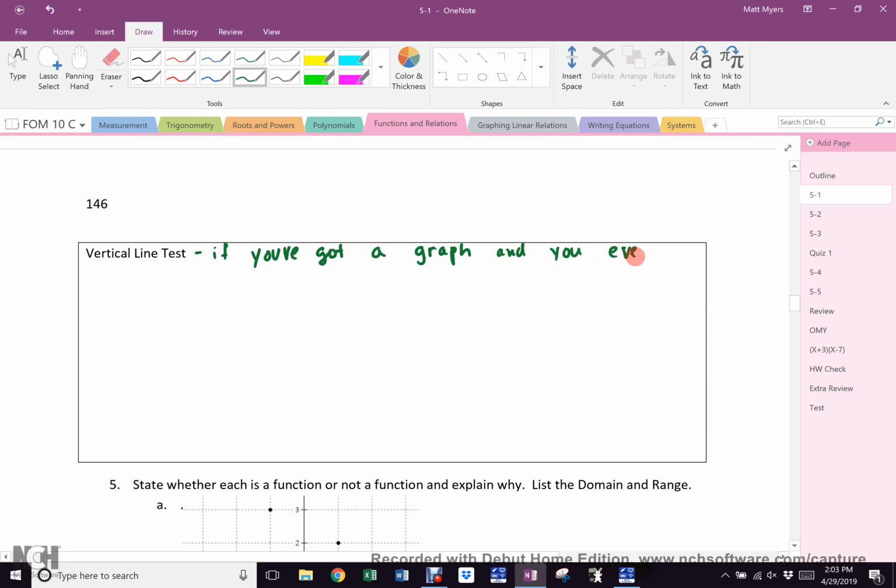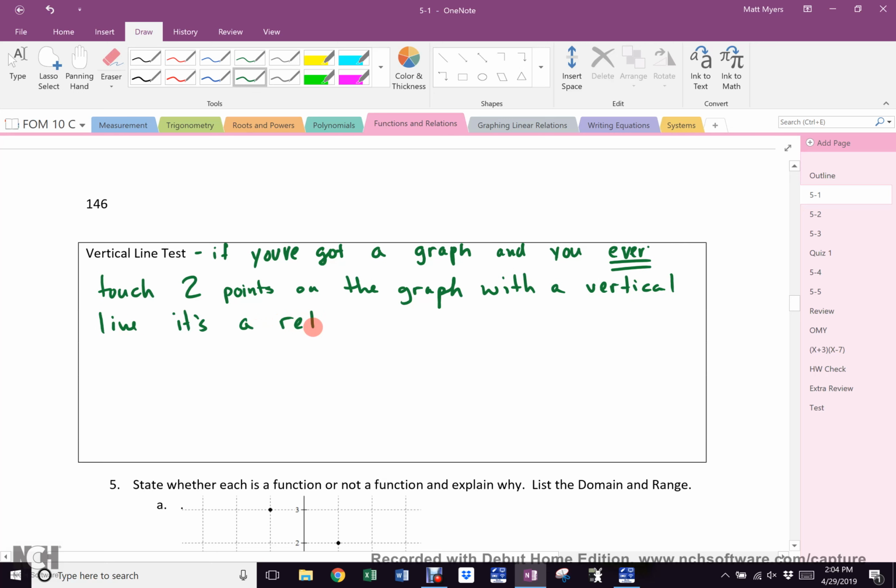And you ever, please underline ever, touch 2 points with a vertical line, it's a relation, not a function. And here is what I mean.